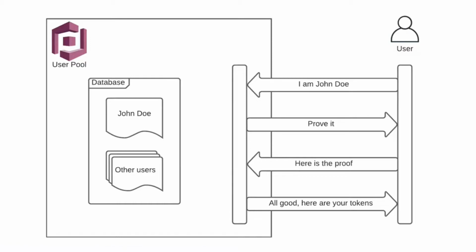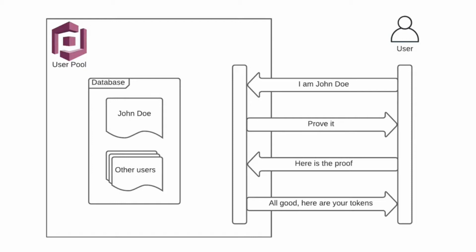In essence, a user pool is a user database with some additional cool features, or if you prefer, an identity provider. The term identity provider or identity broker, which is technically the same thing, pops up in the documentation quite a few times.